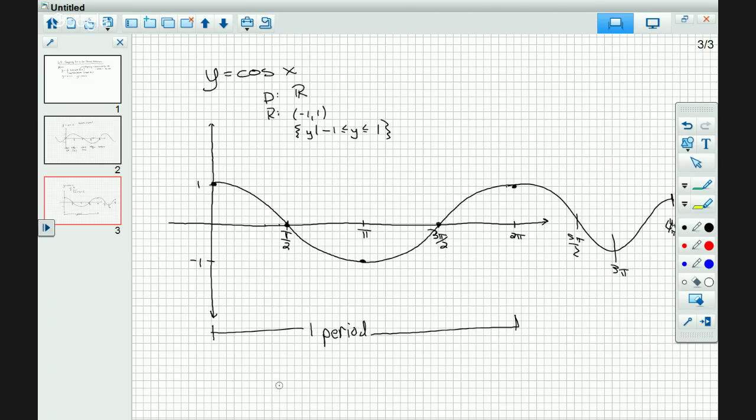Domain, range. Oh, x-intercepts. Obviously for cosine are pi over 2 and 3 pi over 2, and 5 pi over 2, and 7 pi over 2.